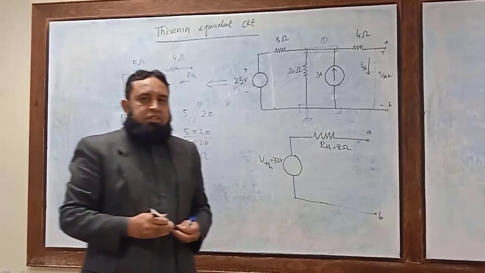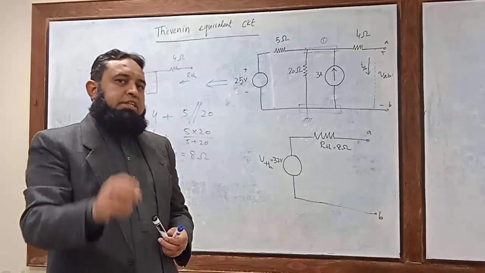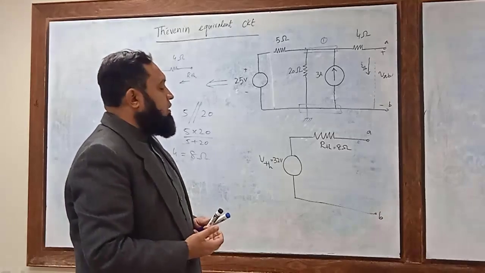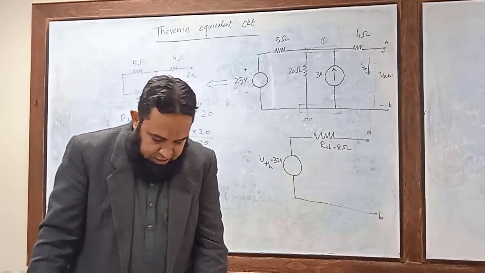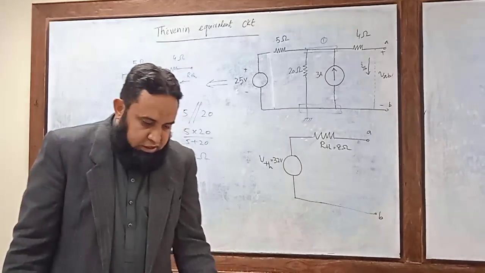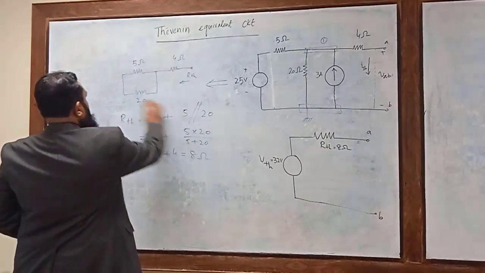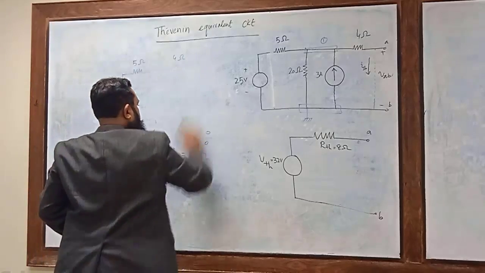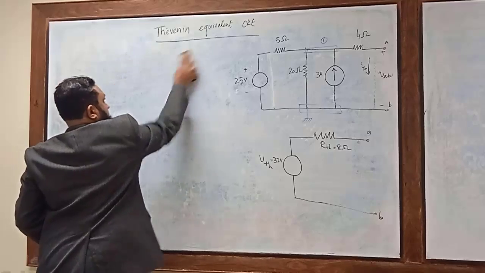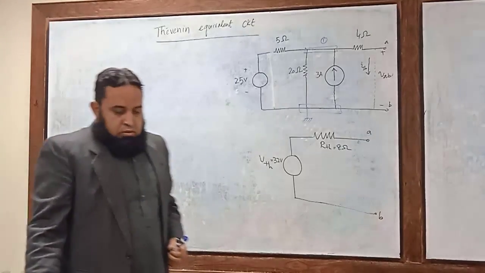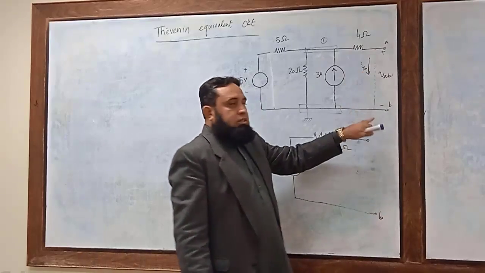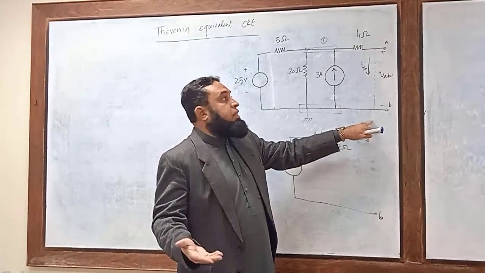And once we find the short circuit current, the voltage divided by that short circuit current would be equal to the Thevenin resistance. So let's see how we can use this. So making these two terminals short circuit, we are using the alternative method.